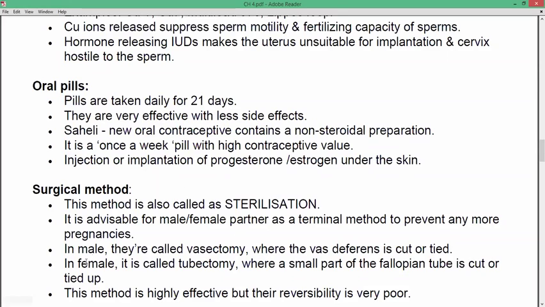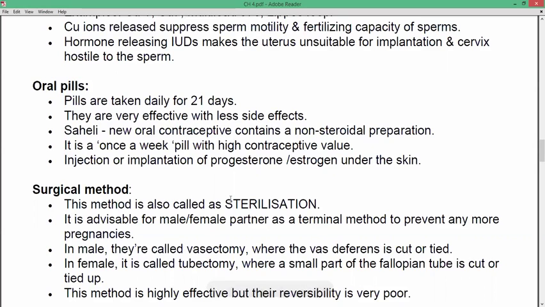On the other hand, in females, in tubectomy, a small part of the fallopian tube is cut or tied up. For this reason, the ovum is not able to pass further, and due to this, no fertilization is observed.